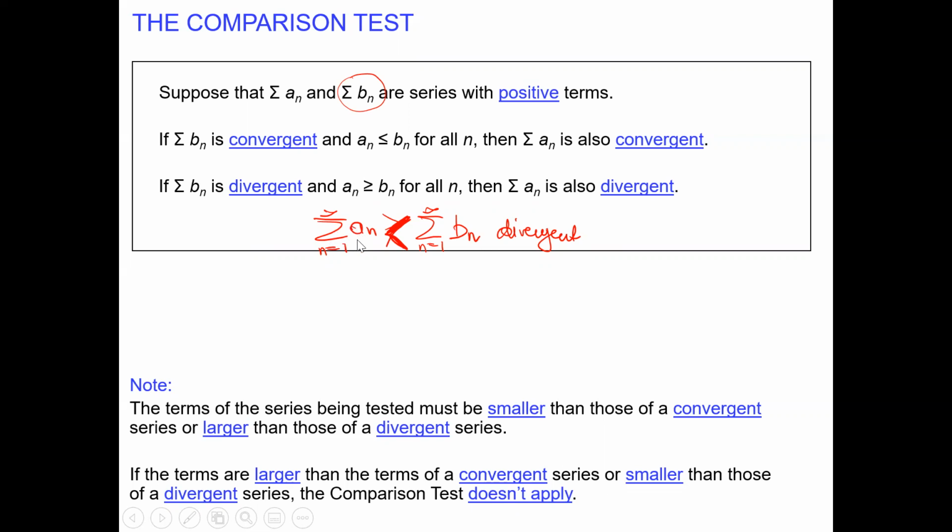It could be a finite number, could be divergent, but that's not a conclusion based on that test. Only this way. And for the convergence, if b sub n is convergent, our a sub n has to be smaller. Then we can conclude convergence. If it's greater, we don't know. Okay, that means let's solve a couple of questions.